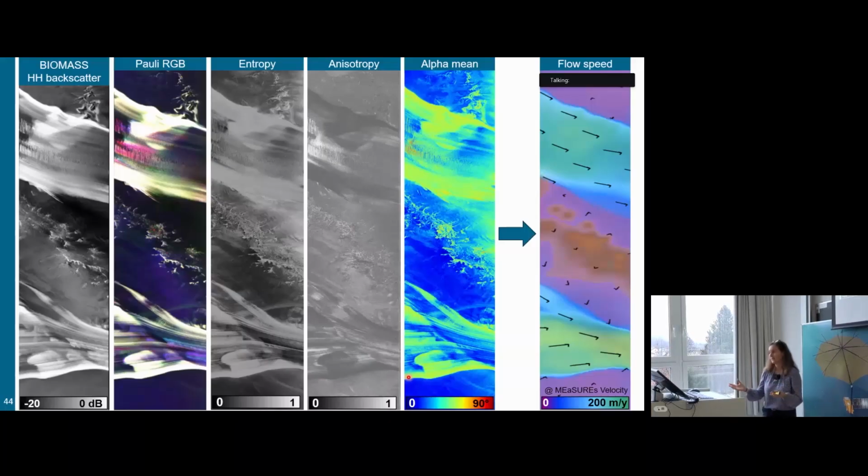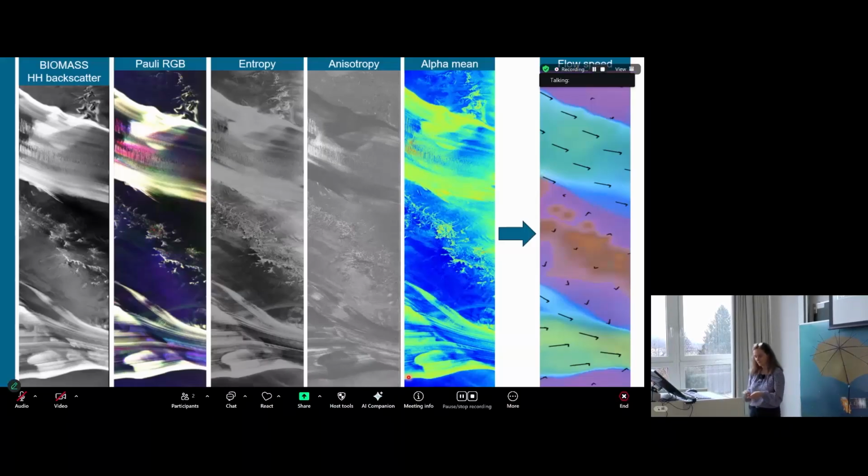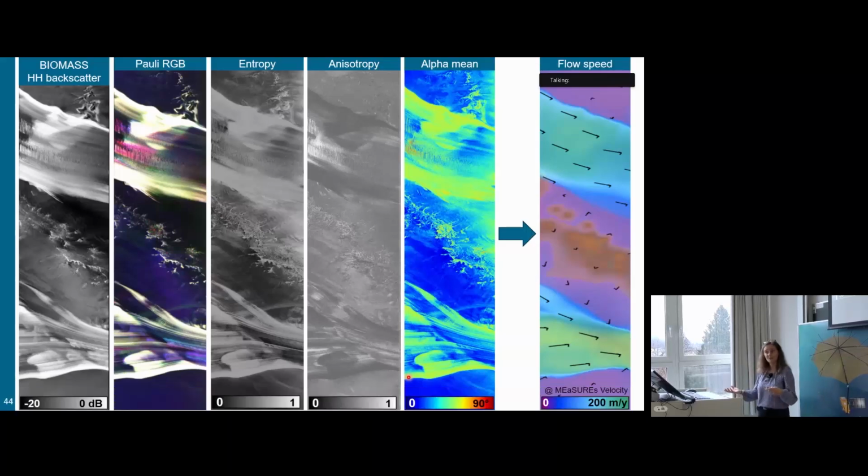So that's a very nice thing, that you can already with polarimetry see the areas where you have dynamics going on, as for example here. So this would be my story that I could tell you if I would do my presentation tomorrow. This is just an example of what you could do in your project.